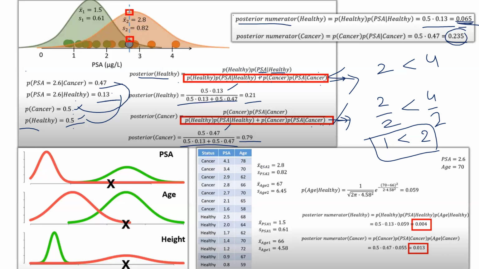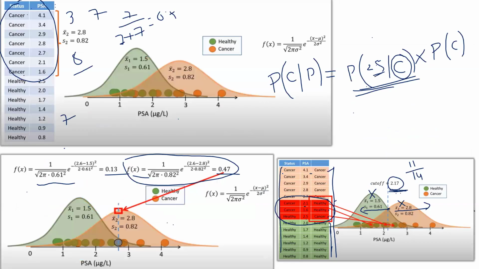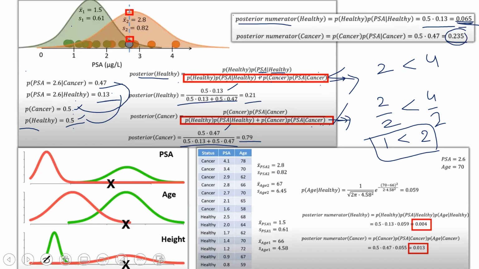So for PSA, we again calculated the mean and standard deviation, which would be the same as before, 2.8, 0.82. Look at this. So we considered everything as independent in naive Bayes. That is the naive thing in both Gaussian naive Bayes and also normal naive Bayes.